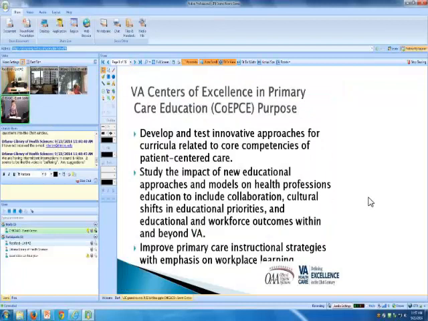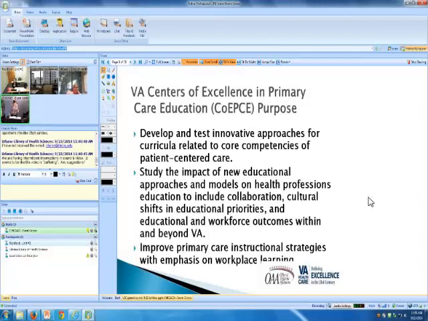So in 2010, there was an RFP released to develop centers of excellence. Their purpose was to develop and test innovative approaches to curricula related to the core competencies of patient-centered care, study the impact of new educational approaches and models on health professions education, to include collaboration, cultural shifts, both at the academic affiliate and within the VA setting, shifts in the educational priorities, and educational workforce outcomes, both in VA and beyond VA.